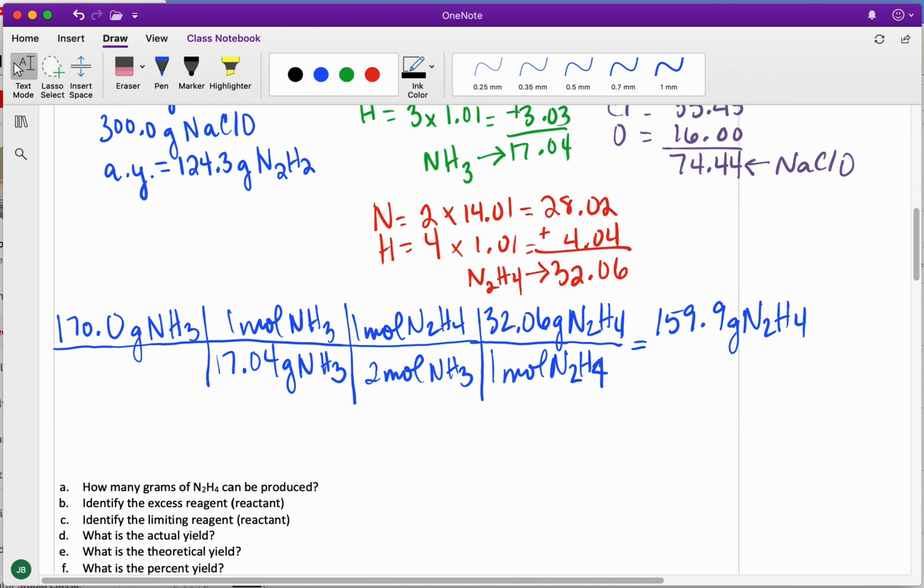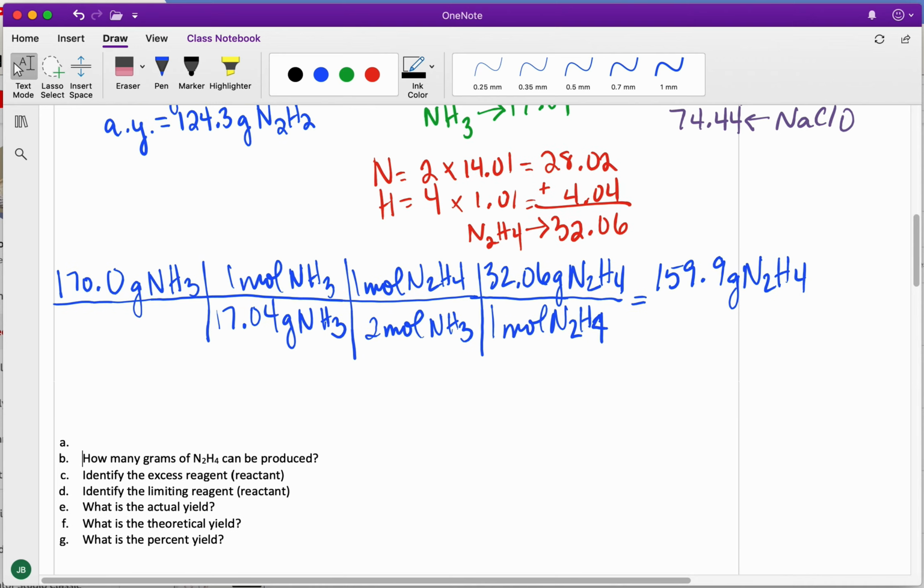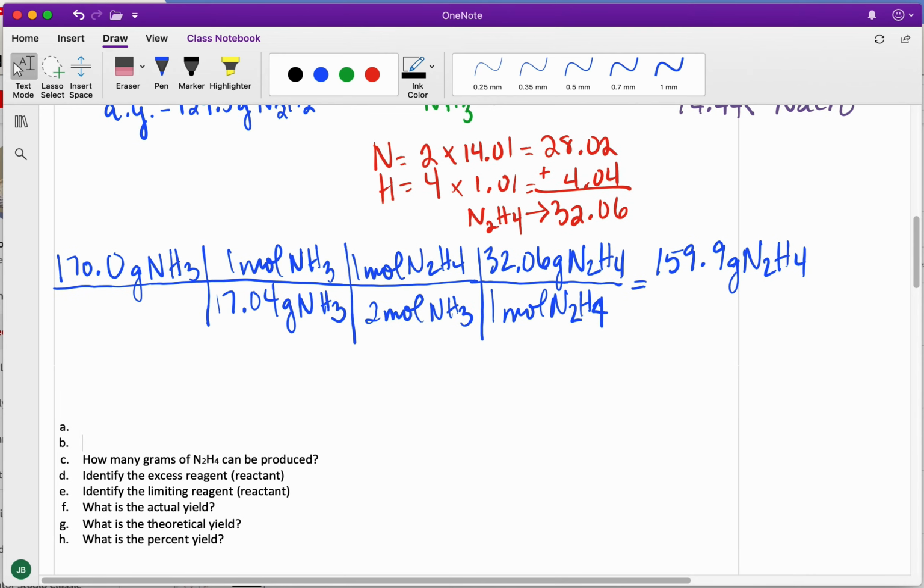Let me see if I can get a little more space. All right, and let's squeeze in our next stoichiometry problem. So now we're going to do the stoichiometry, and here, I'll do it in the black. Now we're going to do the stoichiometry for the sodium hypochlorite.